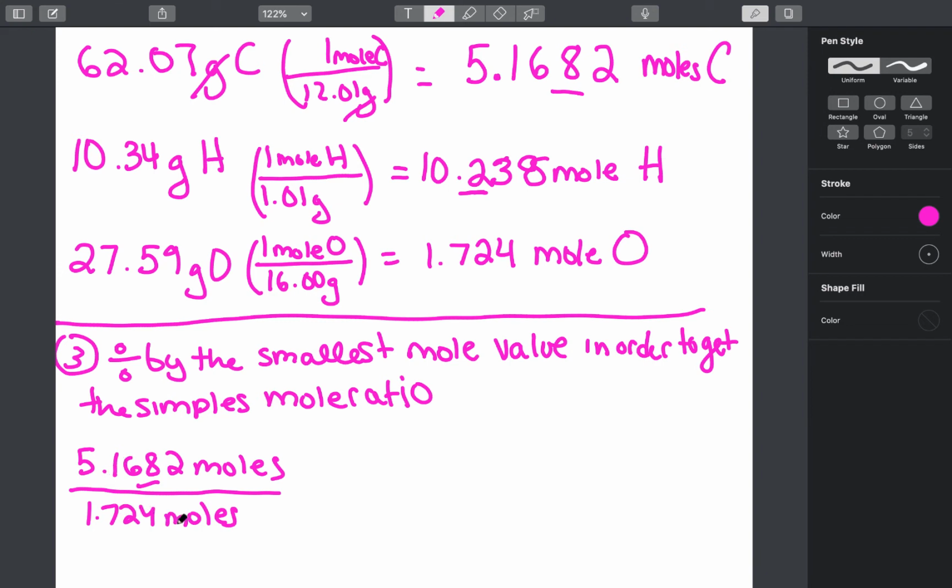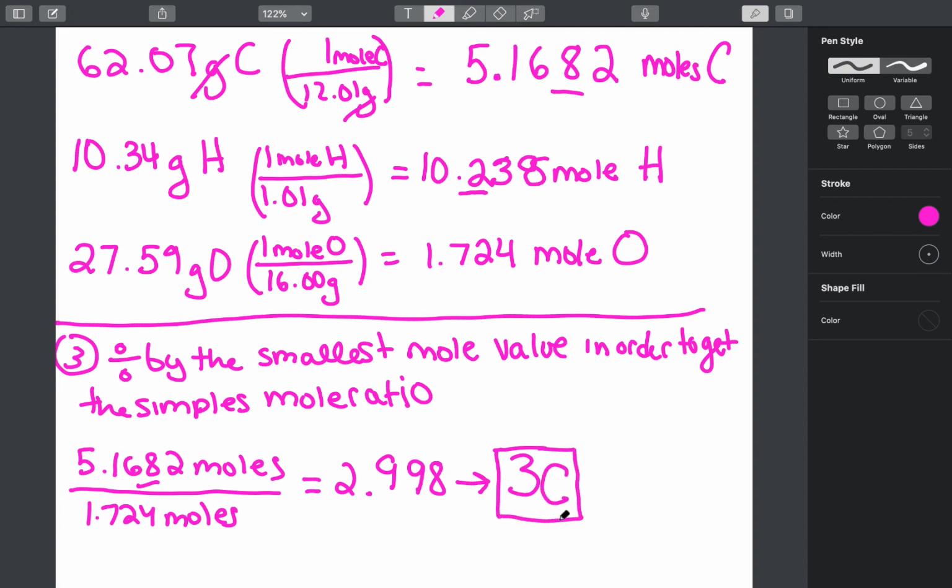So when you plug this into your calculator, 5.1682 divided by 1.724, you will get around 2.998. So we can't have this in our final chemical formula, so we round because this is so close to 3, we call this 3. So you have 3 carbons.